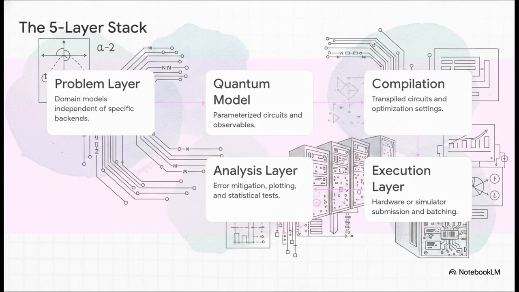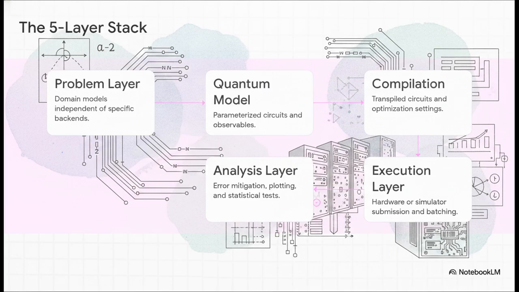We use a 5-layer quantum architecture. At the top, the problem layer defines your domain models, like a Hamiltonian or graph, completely independent of any specific backend. Below that, the quantum model layer is where you actually build your parametrized circuits and observables. Then the compilation layer stores your transpiled circuits and optimization settings. Note this, you have to save the executed circuit here, not just the source code.